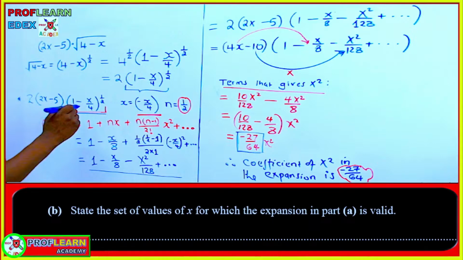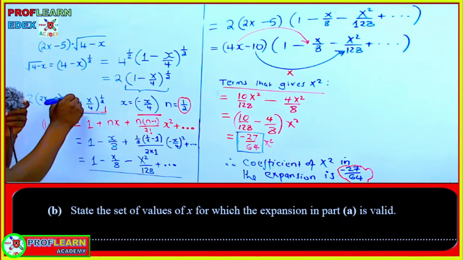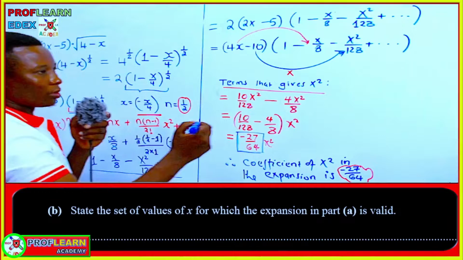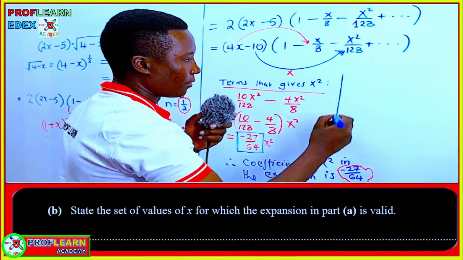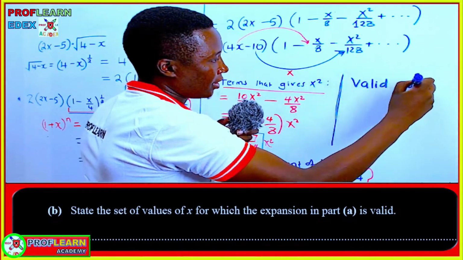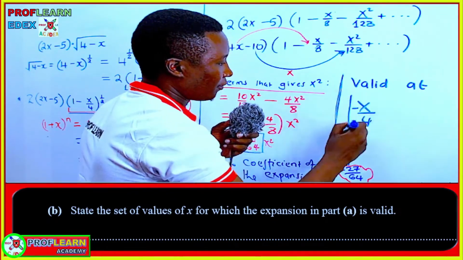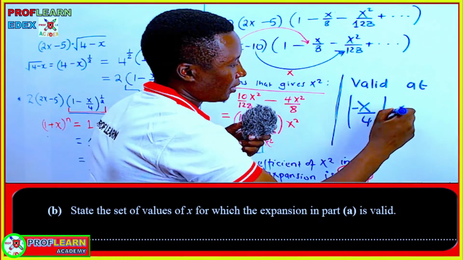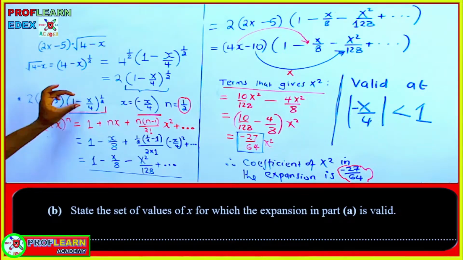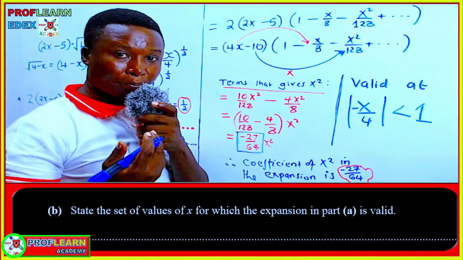So once you identify this, you go and pick the value that you have there, and this is where this expansion is valid: where we have the modulus of negative x over 4 less than 1. So you're just picking this term, but remember, when we are talking of a modulus, it means we are going to take positive values only.